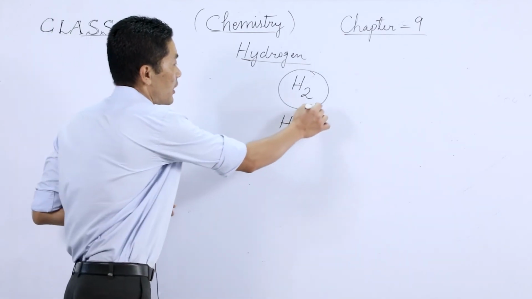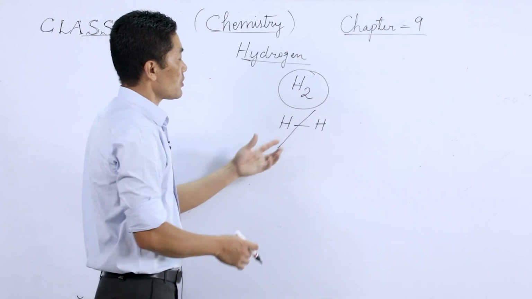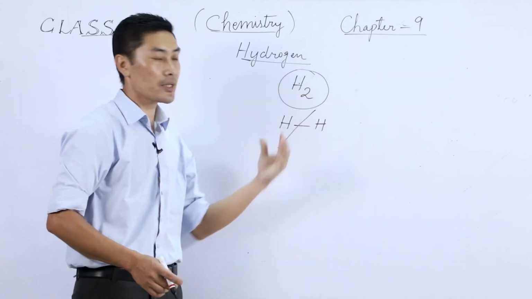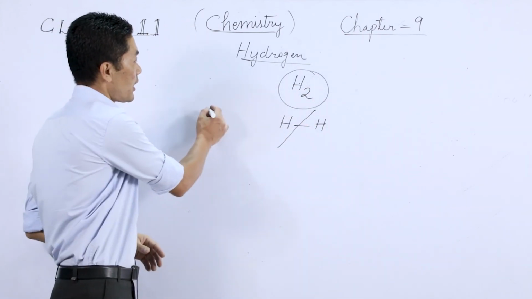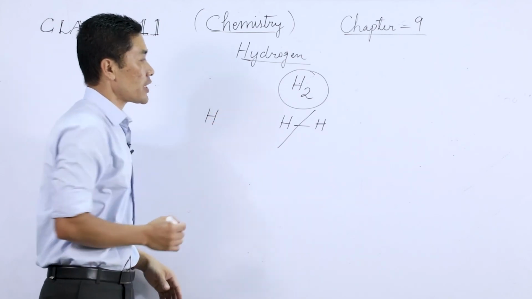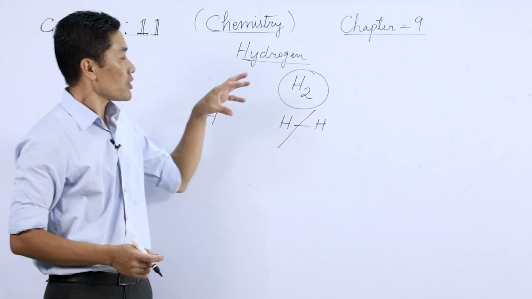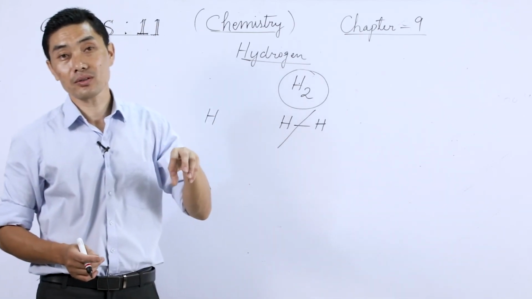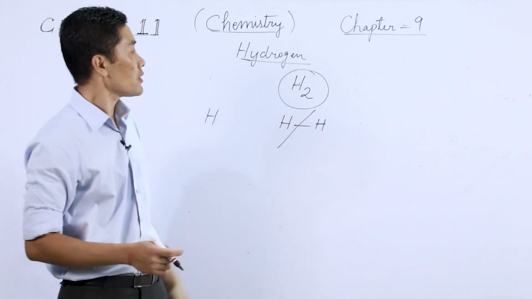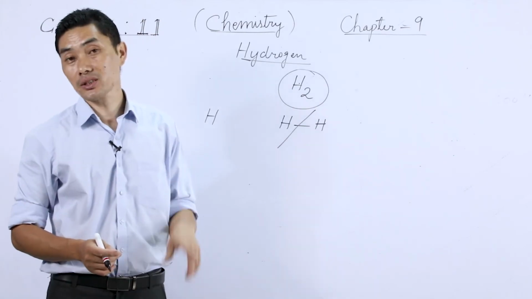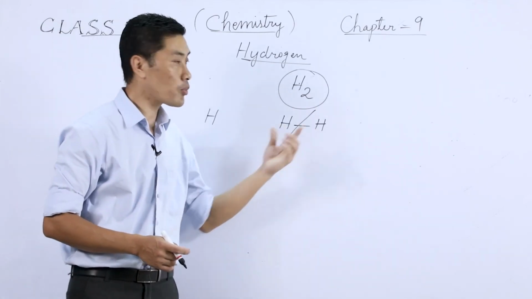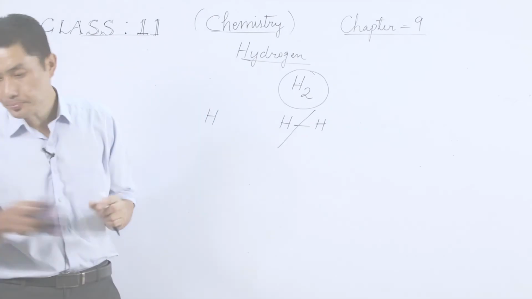But atomic hydrogen, obtained by dissociating this hydrogen molecule into its atoms, will be very highly reactive. So if you are asked why hydrogen molecule or dihydrogen is less reactive at room temperature, it is because of its high bond dissociation enthalpy.